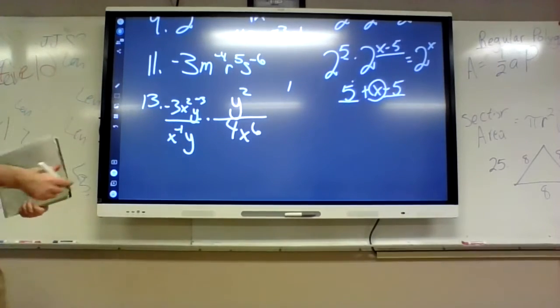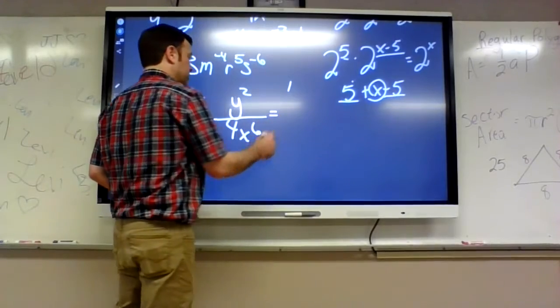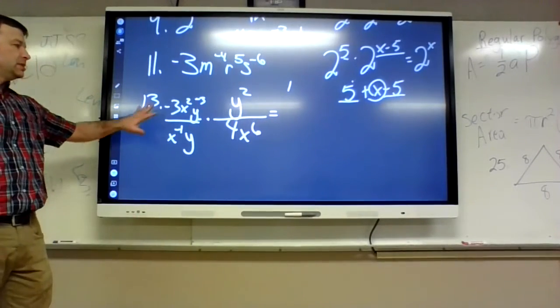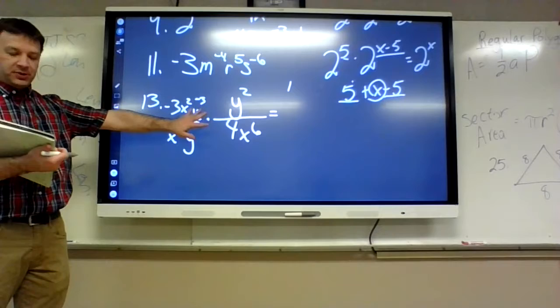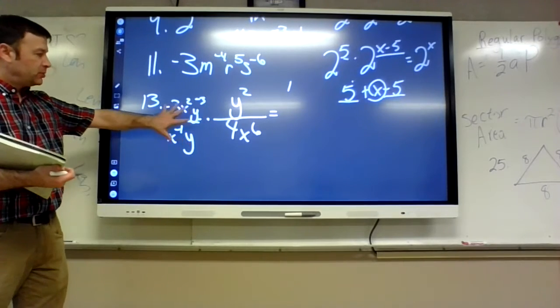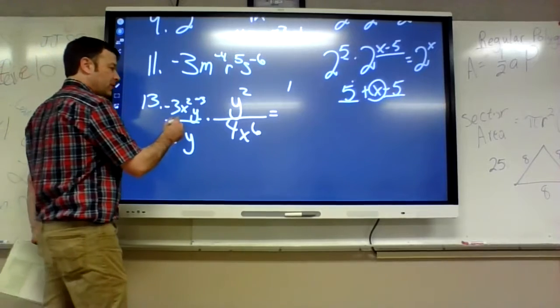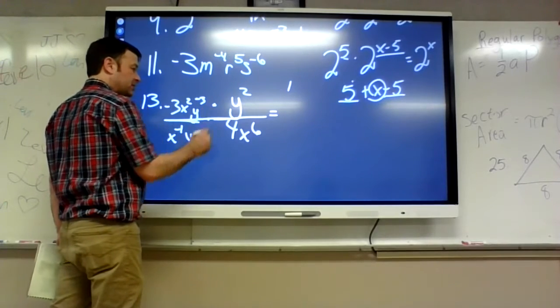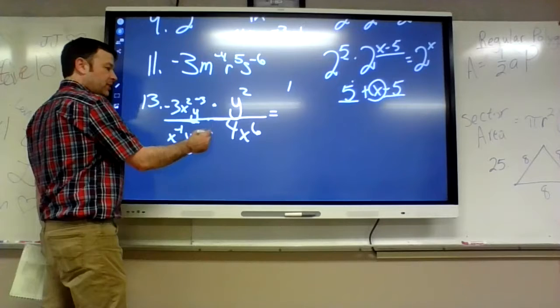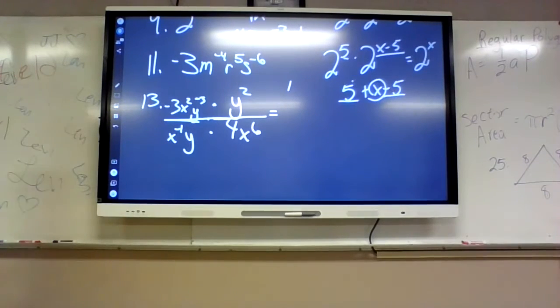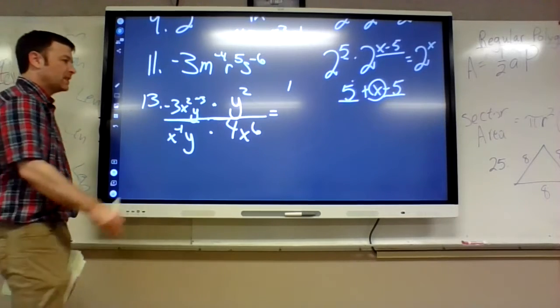Okay, so let's start with the normal numbers. Do you guys remember what I said on number 7 or number 4? When you have fractions multiplied together, basically the top all just gets multiplied together, so it's like one big fraction, and the bottom all gets multiplied together. So just think of it as all one big thing, basically.